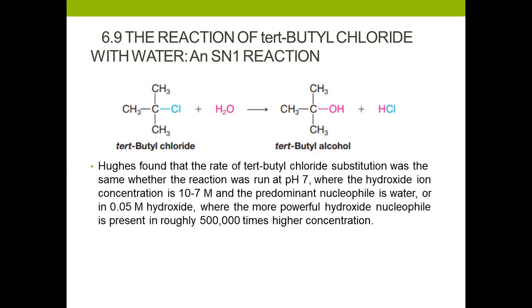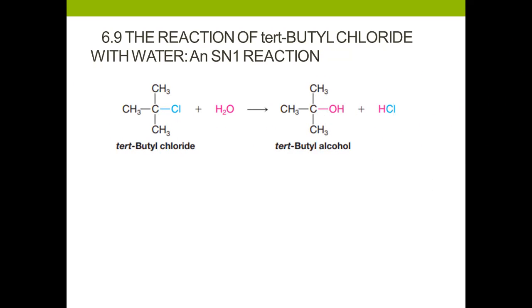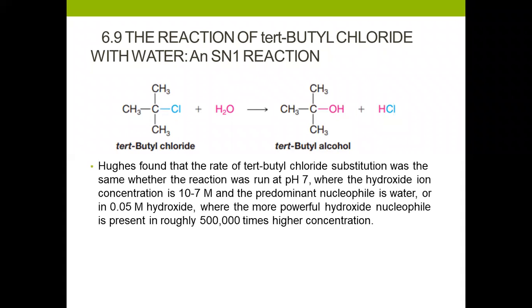In this kind of reaction, it's also a nucleophilic substitution, but a different mechanism is followed. You'll notice that despite changing the pH of the solution, they found that there is no significant change in the rate of reaction.